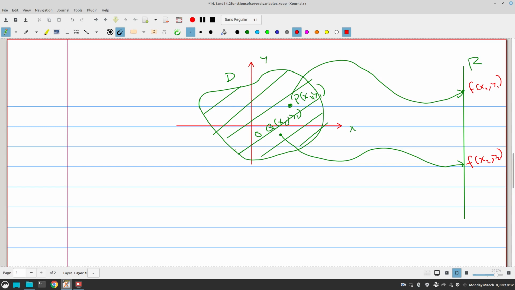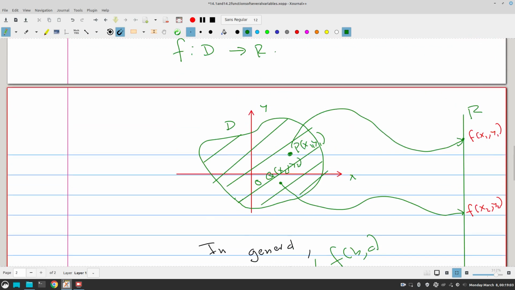Now, it's important to notice that, in general, and keep this in mind, f of (a, b) is not equal to f of (b, a).